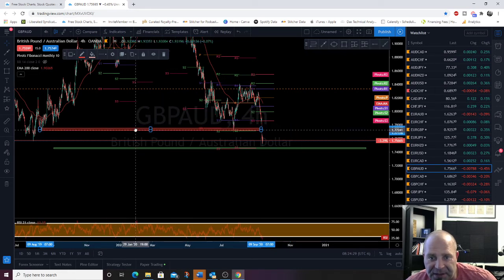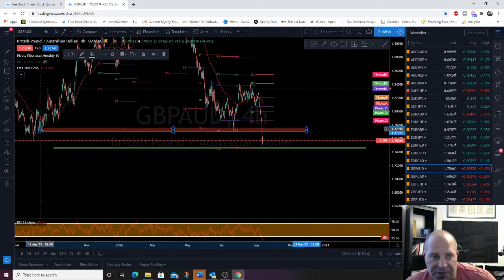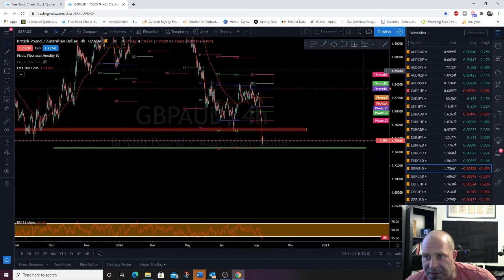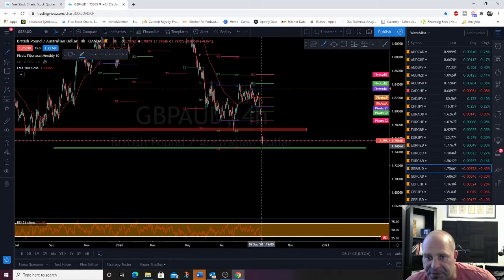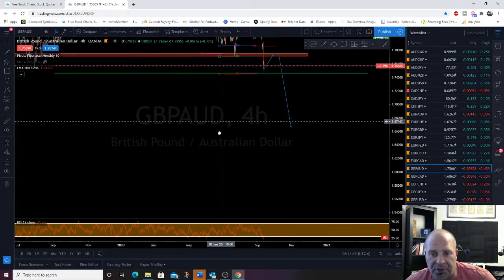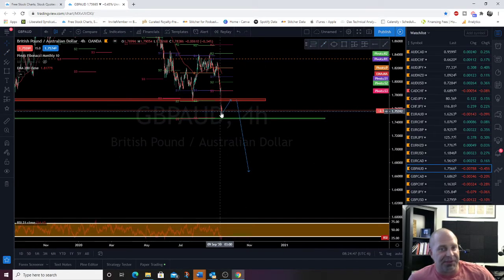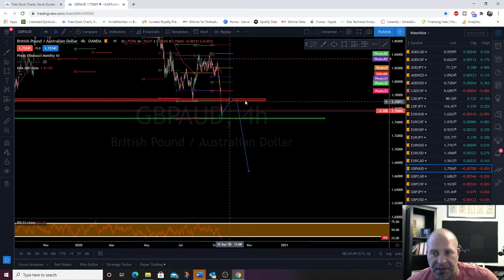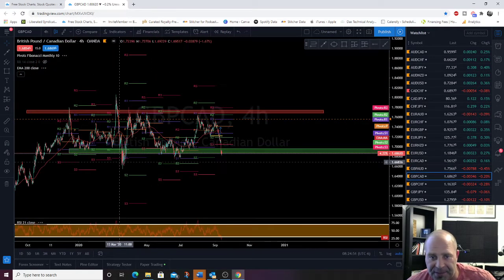Now, I'm going to put this there in case we come up and retest it. I want to look short from there. So I'm going to look for some sort of retest of that area, confirm it, and now I'm going to look a lot shorter. Too scary to try to take this long back up, so I'm going to just let that happen.